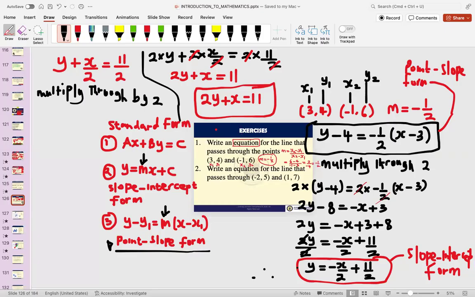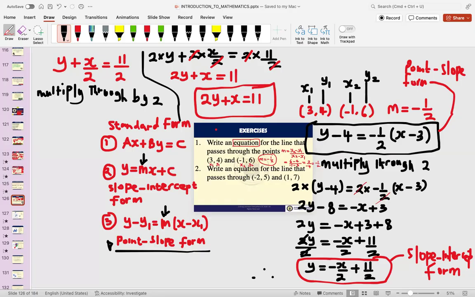If you want to leave your answer in the slope-intercept form, y should be standing alone at the left-hand side, and all the others will go on the right-hand side. If you want to leave your answer in the point slope form, just as we entered, you have y with its starting point 4. You have x with its starting point 3. And this becomes your answer.